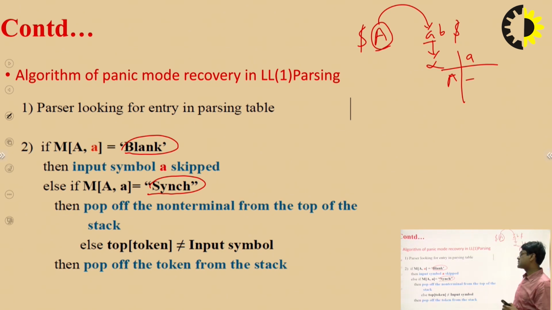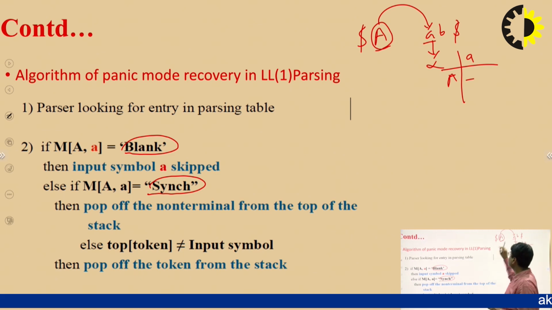But if you skip this symbol a, then you have to directly skip it. But if you are putting synchronize, then during synchronize this particular non-terminal will be eliminated. Else if the top token is not equal to the input symbol, then pop off the token from the stack.